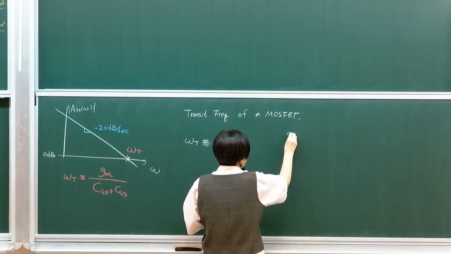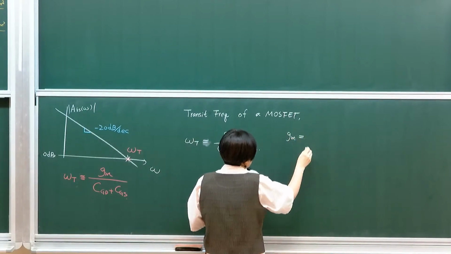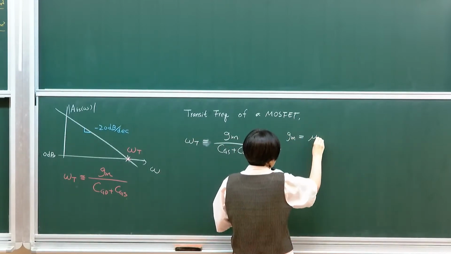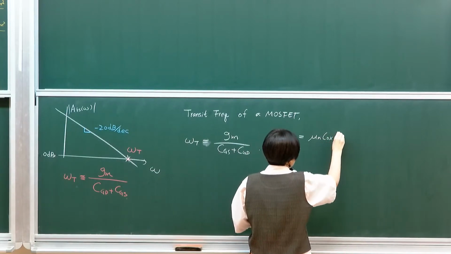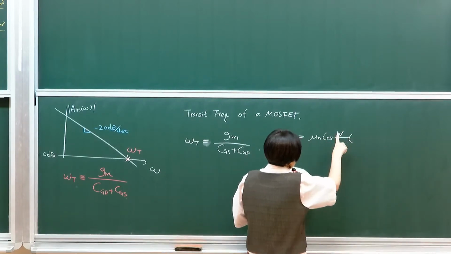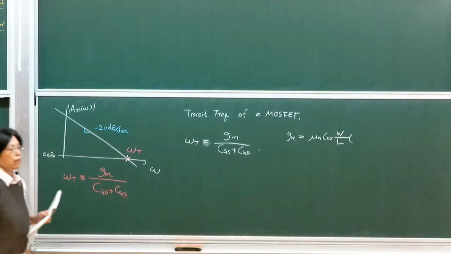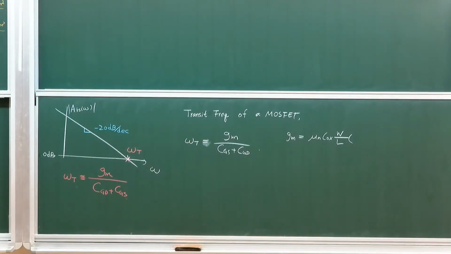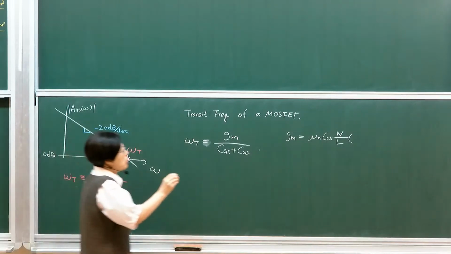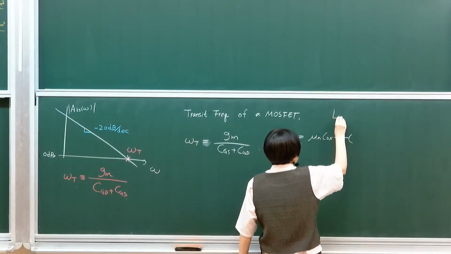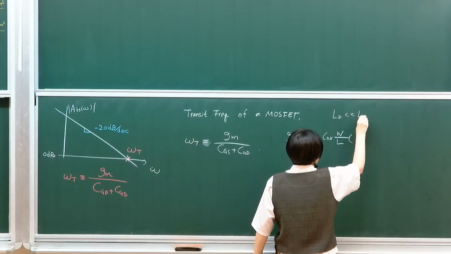And we know that GM, you can write it down as mu of n channel. I'm using an n channel device, W over L. I'm simply not going to differentiate L in detail. We're just going to assume that L equals L effective. Here, we're just going to assume that lateral diffusion is much, much lower than L.